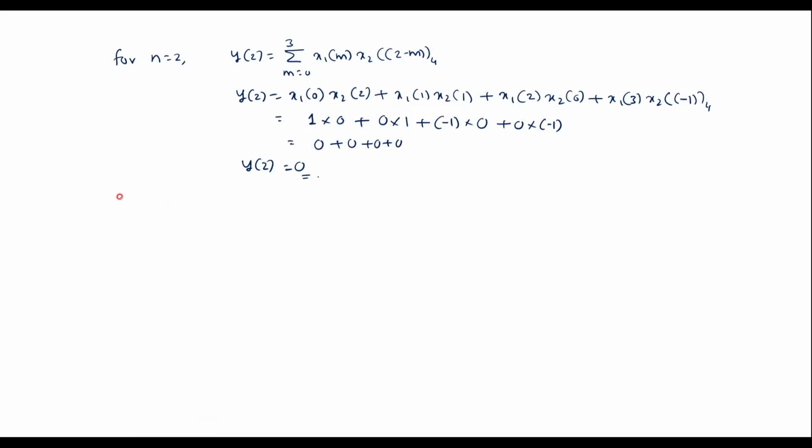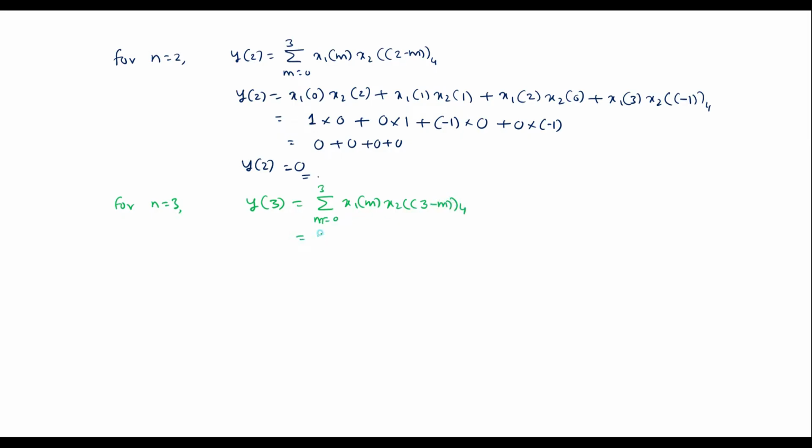So now for n equal to 3, the equation can be written as y of 3 is equal to summation m equal to 0 to 3, x1 of m, x2 of n minus m, n is 3 minus m, 4.